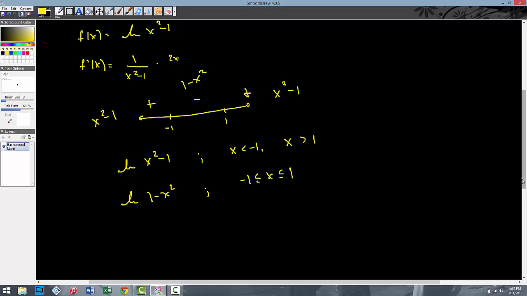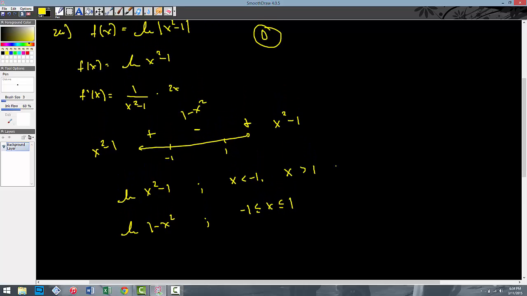Well, we already know what the top one is. The top one, because we already have the answer, is 2x over x squared minus 1. What happens if I derive the bottom, though? If I derive the bottom one, I'm going to get 1 over 1 minus x squared times negative 2x. What I get is negative 2x over 1 minus x squared.